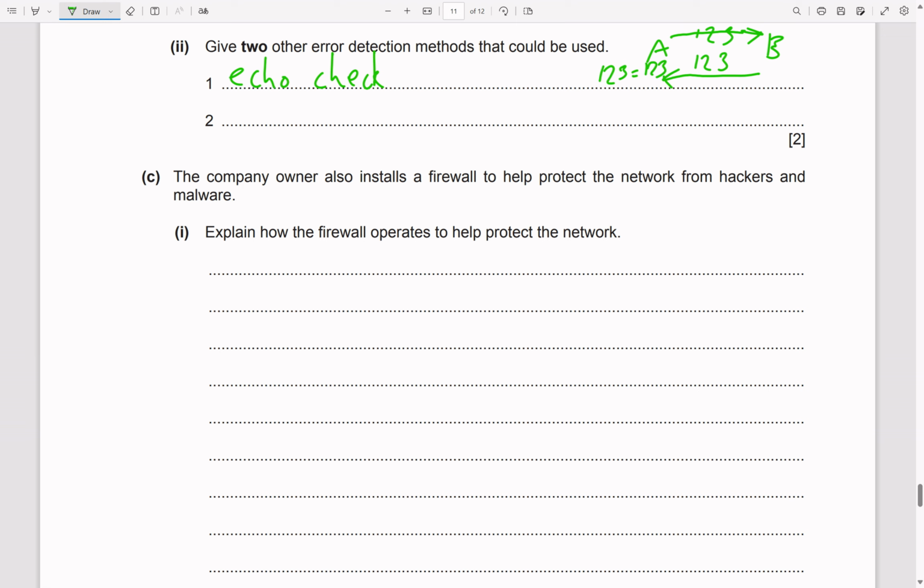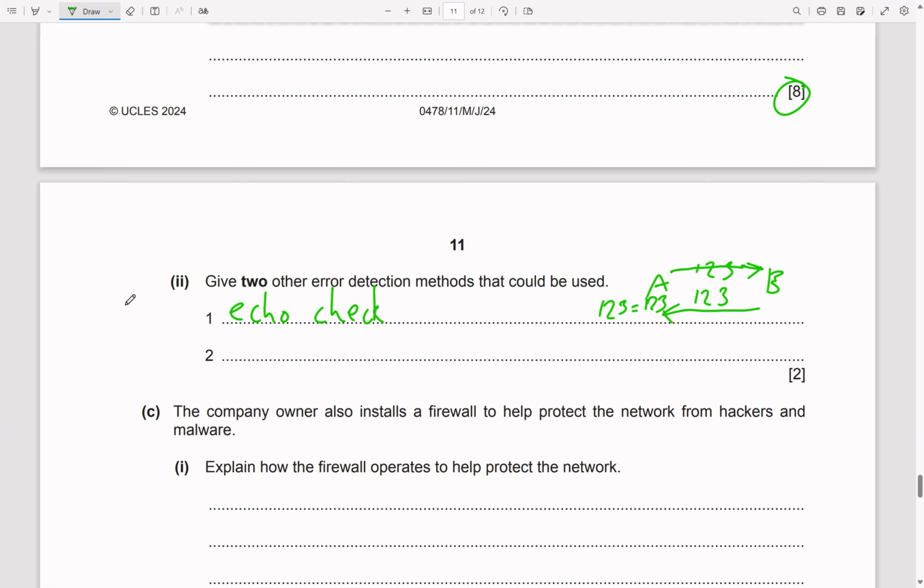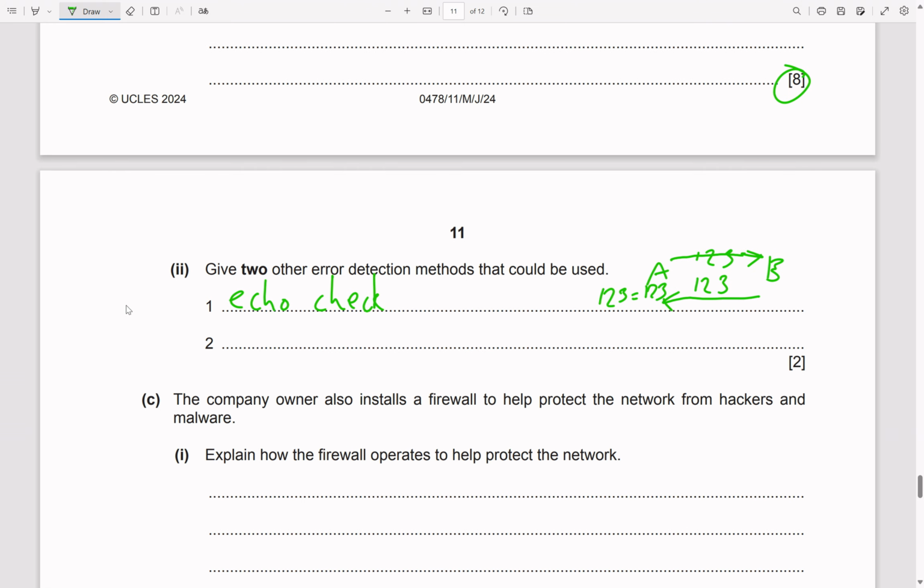The reason I say probably is because, let's say, for example, there was some error where this accidentally transmits as 1, 2, 4. B then receives this 1, 2, 4, but when B sends it back, there's also some error where again it transmits as 1, 2, 4.